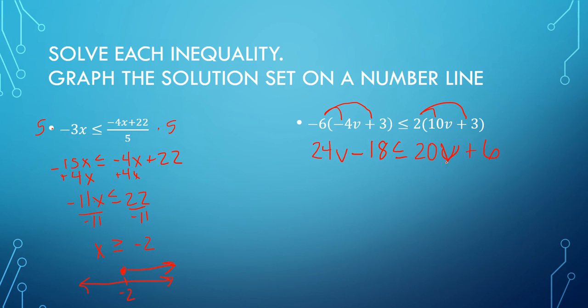Let's get all the v's on one side, so I'm going to subtract the 20v to the other side and have 4v minus 18 is less than or equal to 6. Add 18. We get 24, and divide by 4. Now this time I was dividing by a positive, so I'm not going to flip that inequality. It's v is less than or equal to 6. So 6 closed in because it's equal to, and less than is to the left.